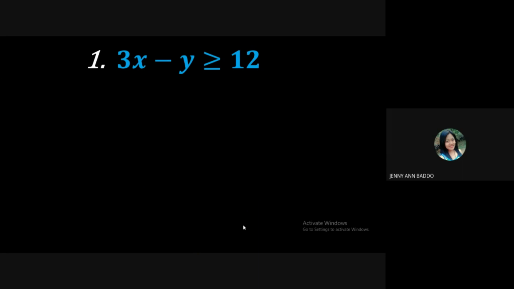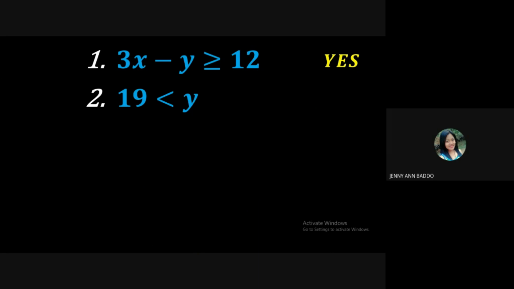Yes or no? Of course, yes, it is a linear inequality in two variables because it has the variables x and y with degree of 1, and the inequality symbol is greater than or equal to.